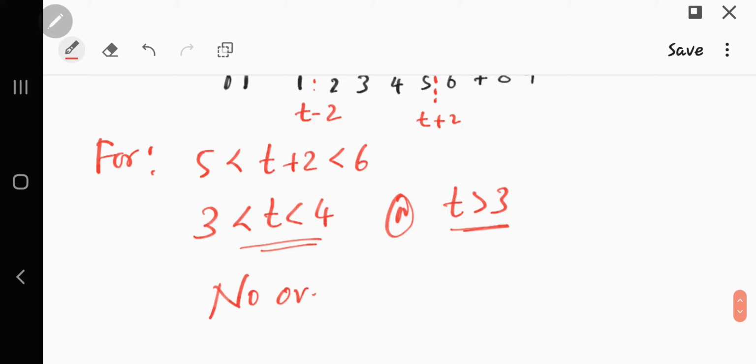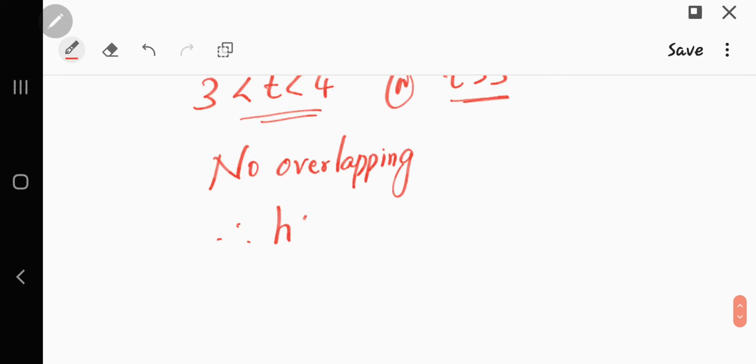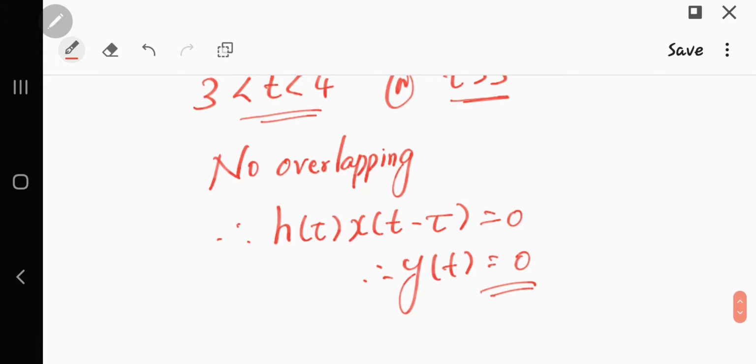So there is no overlapping. So therefore h of tau x of t minus tau, the product will be 0. That means y of t is also 0.